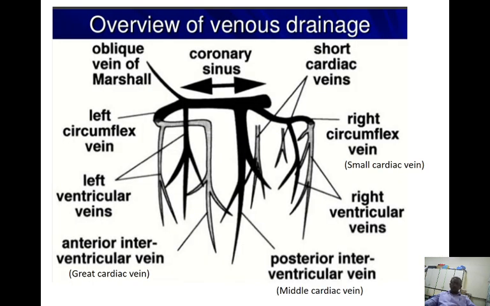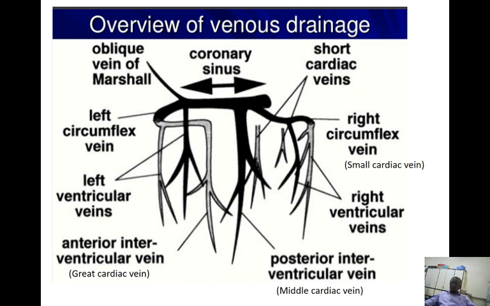So this is in general the overview of the venous drainage. Here this black color is in the posterior aspect and this light color is in the anterior aspect. See, we are having the coronary sinus, the posterior aspect, which is joined by the oblique vein of Marshall, that is from the posterior aspect of the left atrium, and the left circumflex vein, then the left ventricular veins, both anterior and posterior.